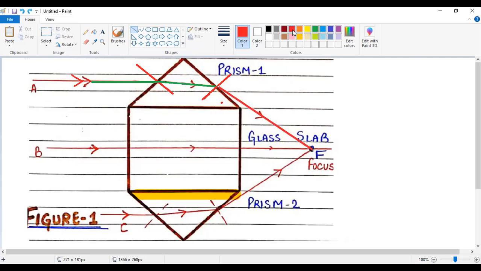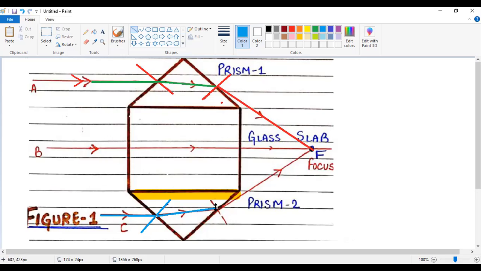Similarly, if we see ray coming through the second prism, ray C. Now let us draw first a normal on the first surface of the prism. The ray will bend towards the normal.